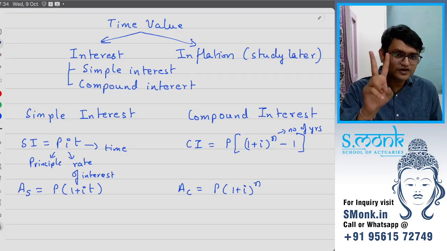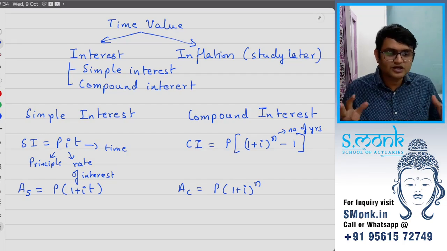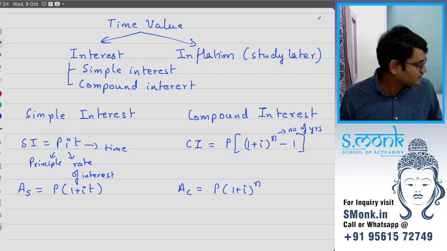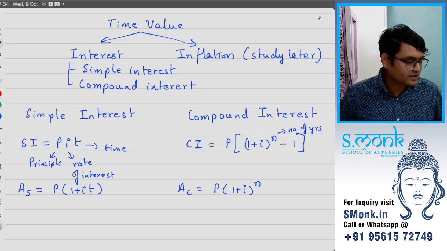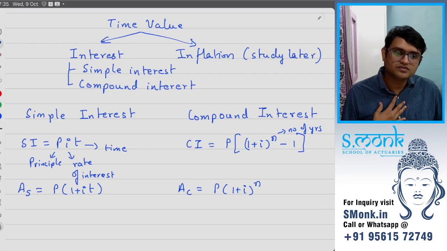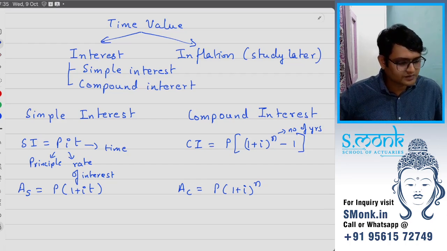Why do we have two different rates of interest? Why not just one? It's just a concept made by us, by humans. It's not a naturally occurring law like physics or mathematics. This is something that we made up. So why do we need two different ways of calculating the same thing?